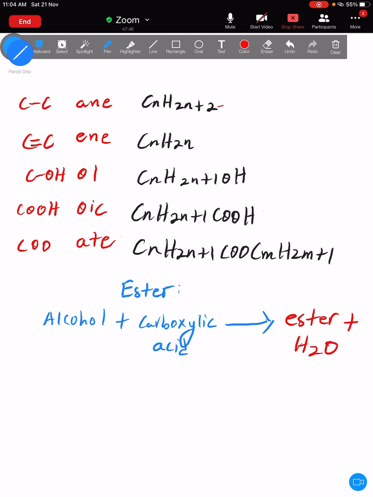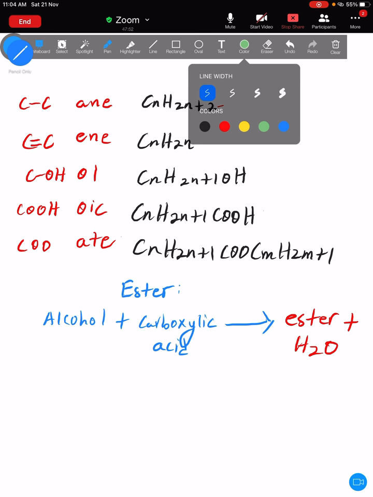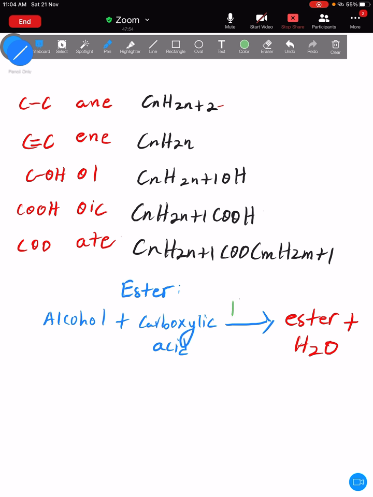And you must remember, guys, this will happen in the presence of a catalyst. The catalyst that you are going to use will be H2SO4. Let's say you want to get a pure ester. In order to get a pure ester, you heat it up under reflux.